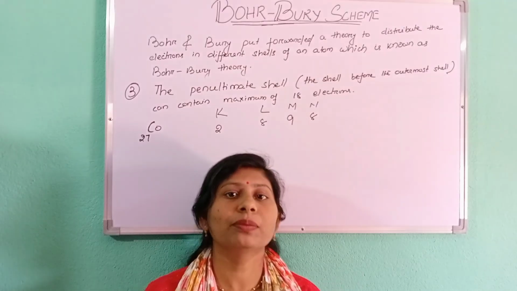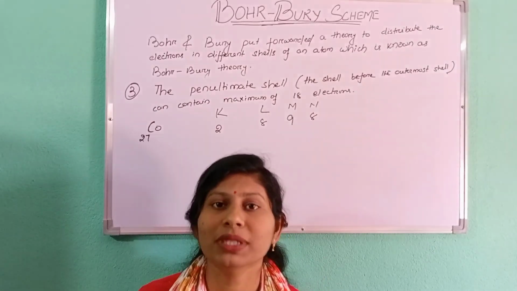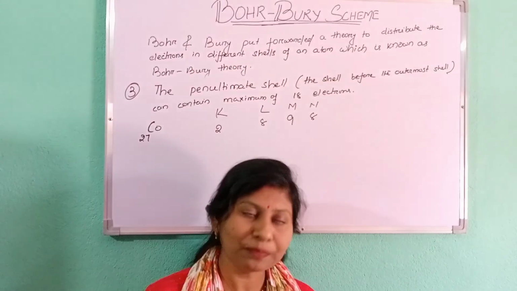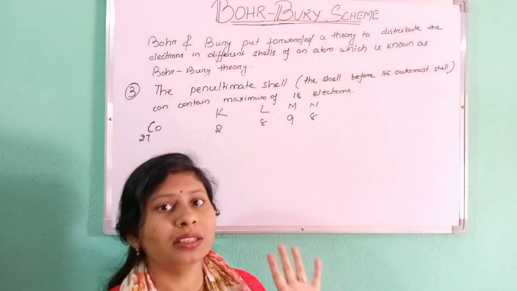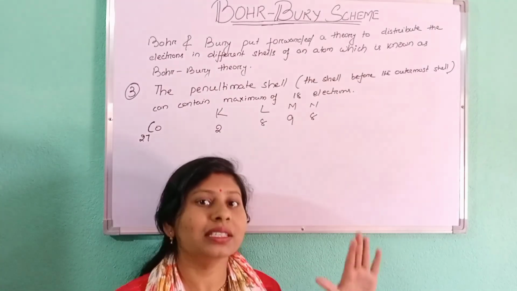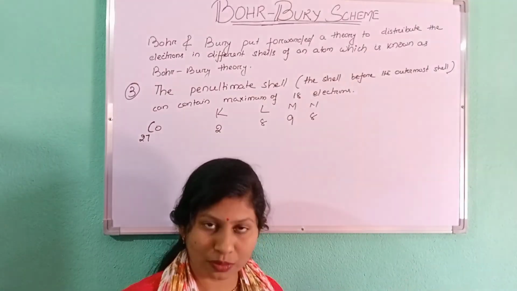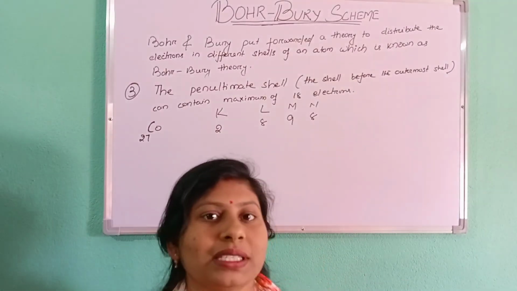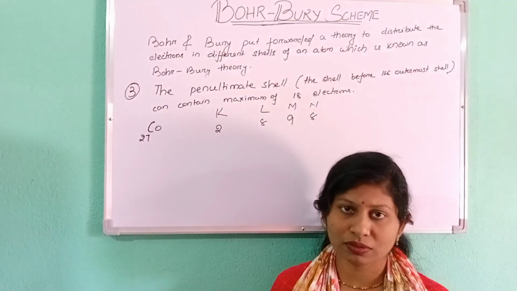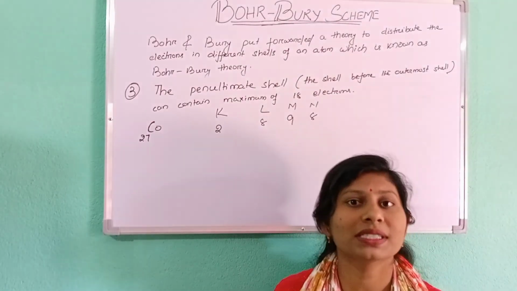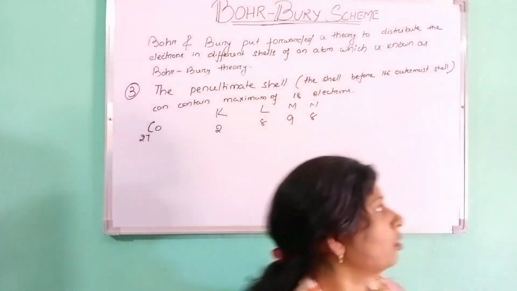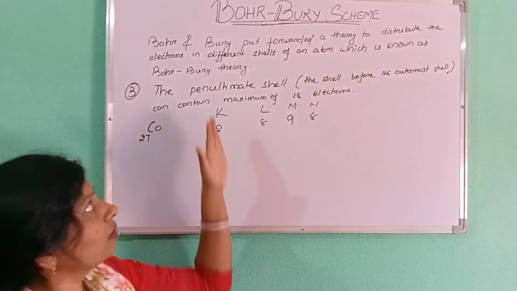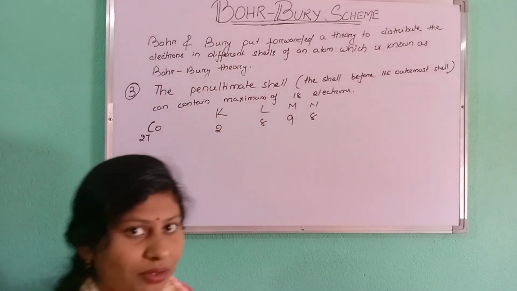If we have more than 8 electrons, we have to immediately start one more cell. The third one is about the penultimate cell, the cell before the outermost cell, which can contain a maximum of 18 electrons. So this much is about the Bohr-Bury scheme. Thank you.